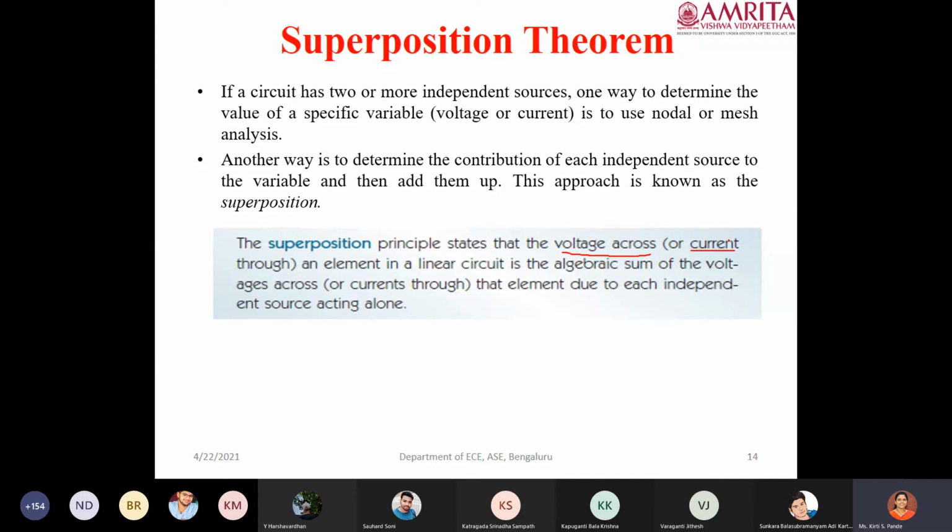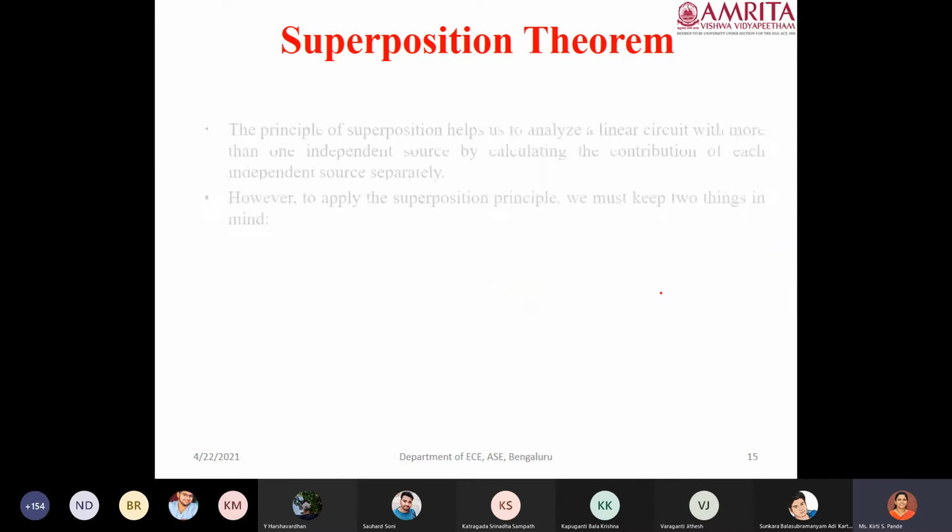If you are finding current, then it is the current through that element due to each independent source. Please take care: independent source acting alone. Only independent sources you have to consider acting alone. That means if you have any dependent sources, you cannot make them active alone. Let's take an example and go ahead with that.